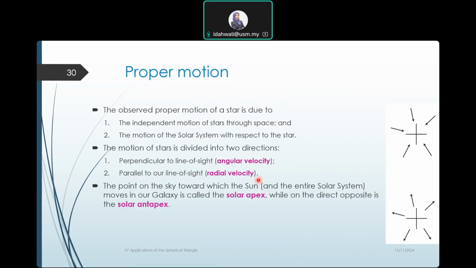Okay, and the point on the sky towards which the sun and the entire solar system move in our galaxy is called the solar apex, while the direct opposite is called the solar antipodes. Stellar motion, or the stars themselves, seem to be directed away from this apex but towards the antipodes, meaning towards the direct opposite.